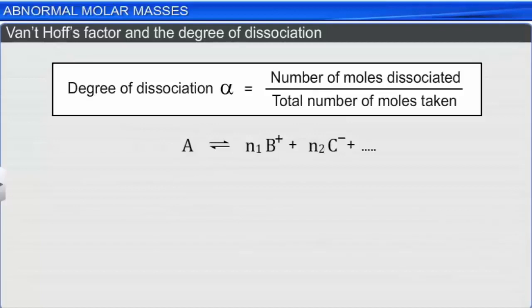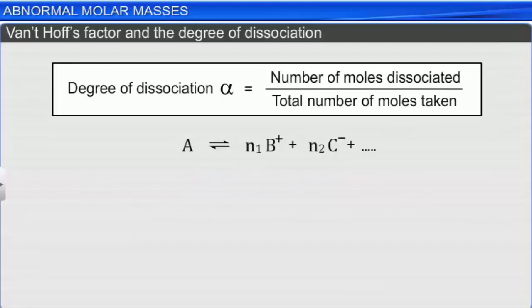Suppose one molecule of electrolyte A gives n number of ions on complete dissociation. That is, in general, A dissociates to give n1 moles of B plus n2 moles of C and so on, such that n1 plus n2 and so on is equal to n.